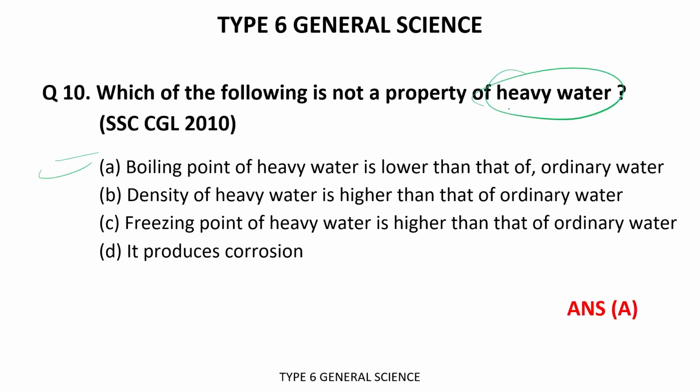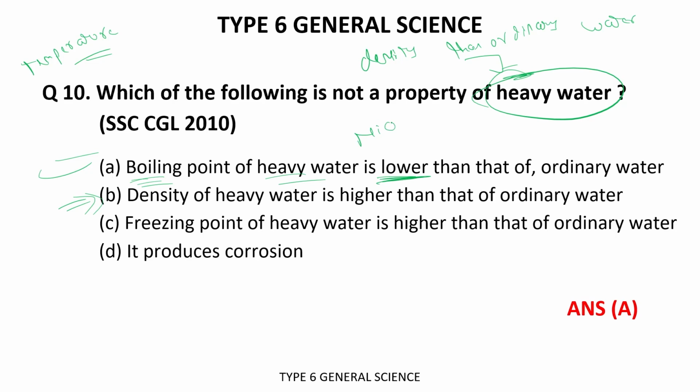So basically, heavy water has more density than ordinary water, like option 2 you can see here. And whenever there is more density, it means it requires more temperature to reach the boiling point. If that is true, then the boiling point of heavy water is not lower than ordinary water, but higher, because it contains more constituents.